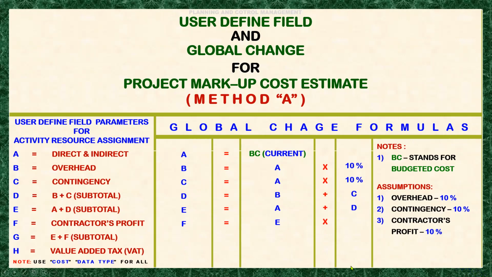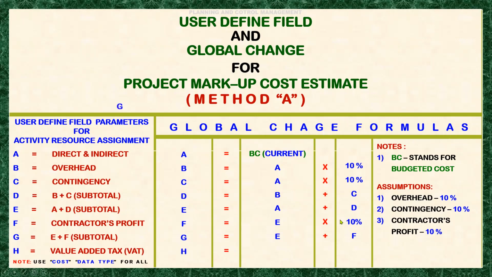Okay, let's put it here. And next is the G, which is the subtotal also. Meaning G is the subtotal of the latest or the last subtotal plus the contractor's profit.